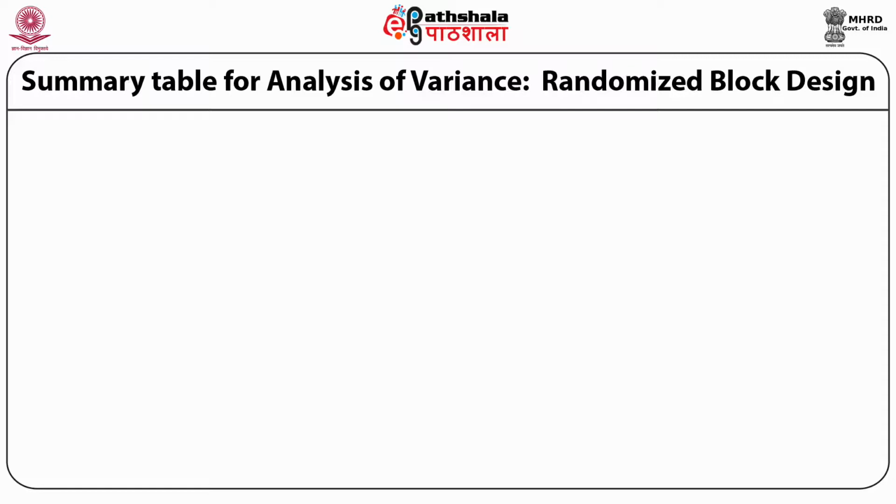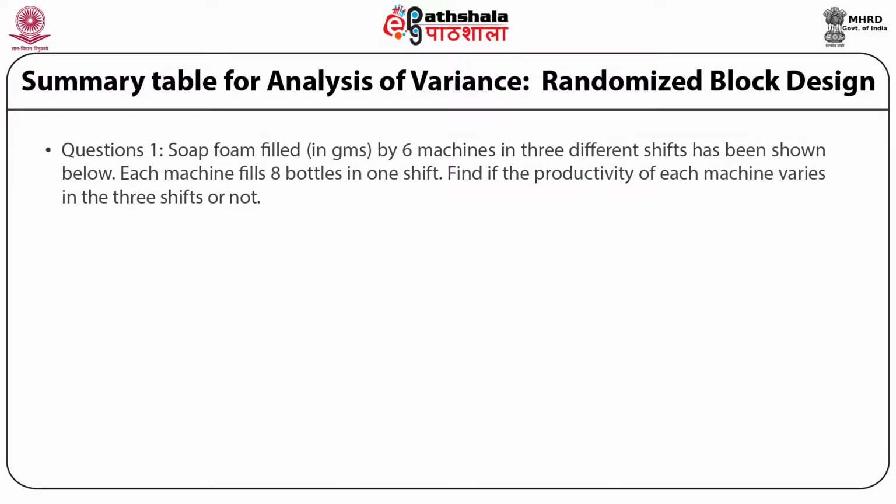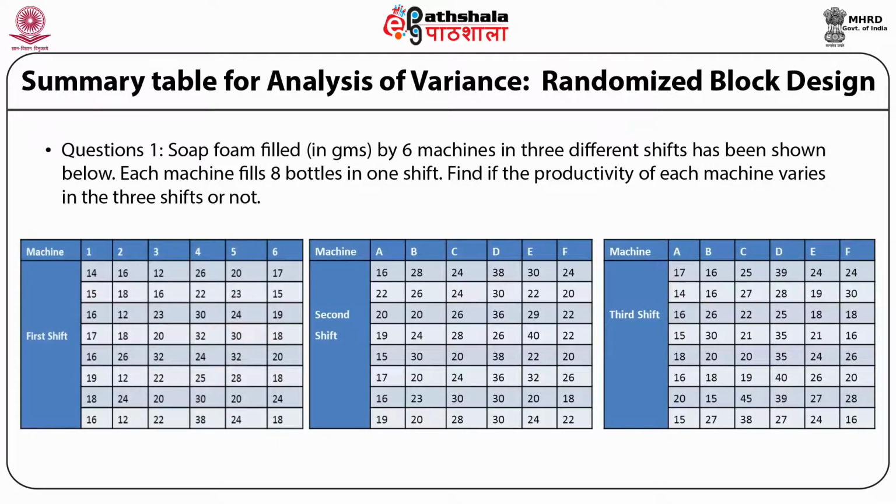Let's take a question and try to understand how this analysis of variance is worked out for a manufacturing company. A soap foam is filled in grams by 6 machines in 3 different shifts, and each machine fills 8 bottles in one shift. Now we want to test if the productivity of each machine varies in the 3 shifts or not.